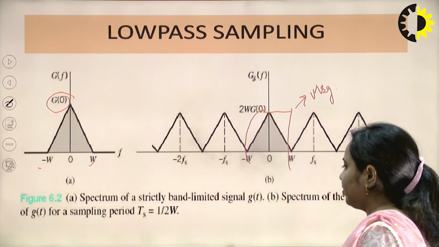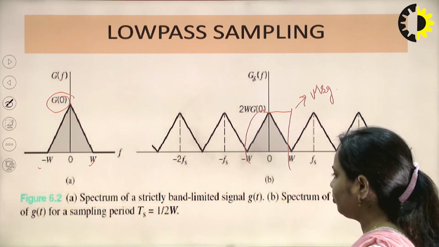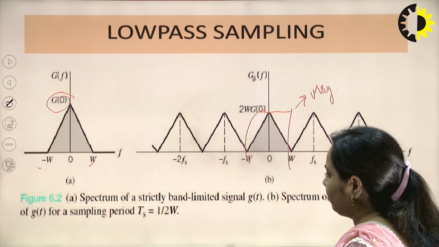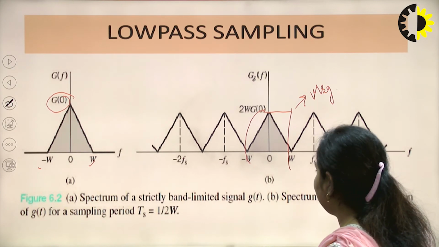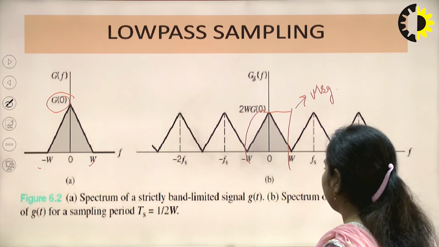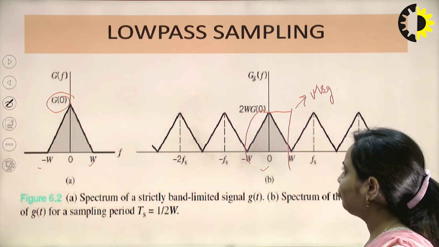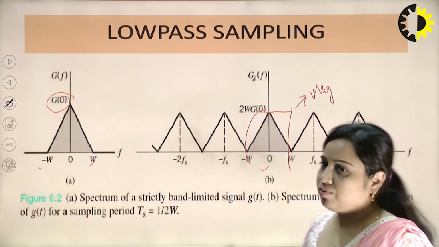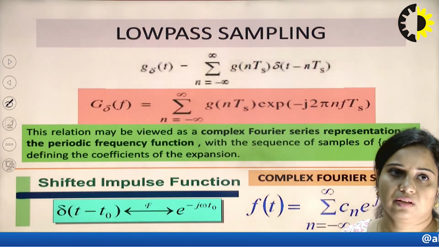So this is the spectrum of a strictly band limited signal g(t), and the spectrum of the sampled version of g(t) for a sample period of Ts equal to 1/2W. Here 2W is basically the bandwidth of the original message signal which you want to sample. So that is the low pass sampling case.